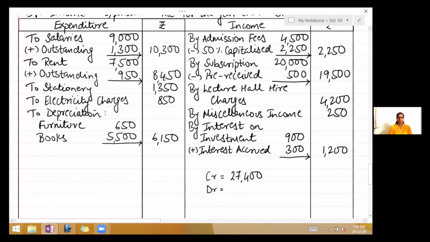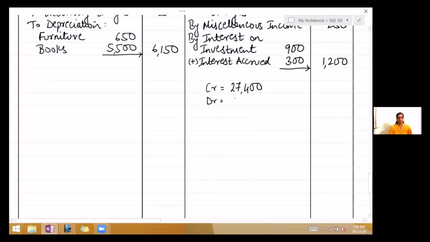Now total up the expenditure side. Debit side total is 27,100. So credit is greater. So that means you will get a surplus of rupees 300. So your income is more than your expenditure.